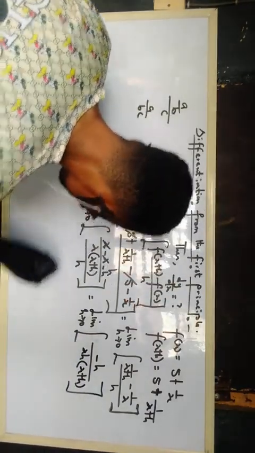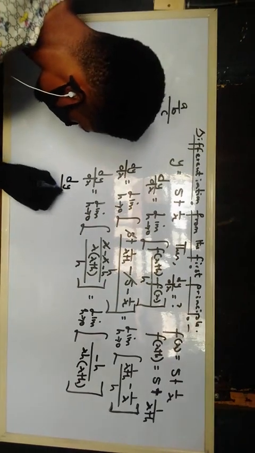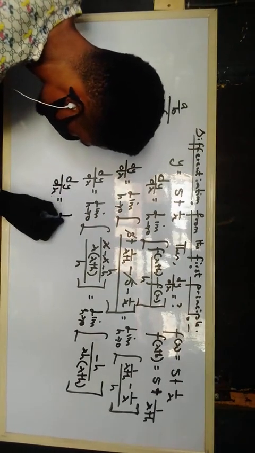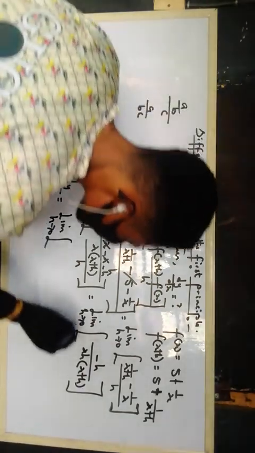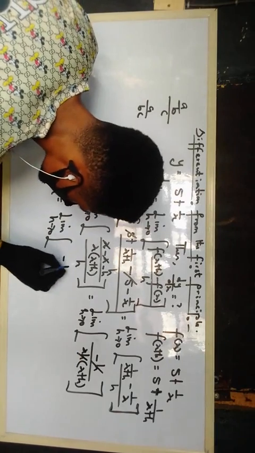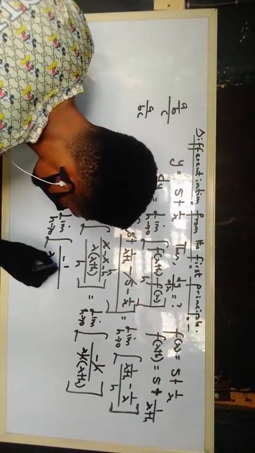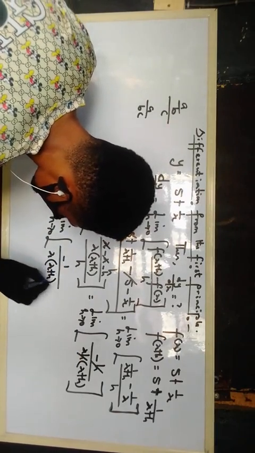So we have our dy/dx to be the limit as h is approaching 0. Now from here, this h and this h get cancelled out. So we have negative 1 over x open bracket x plus h close bracket.